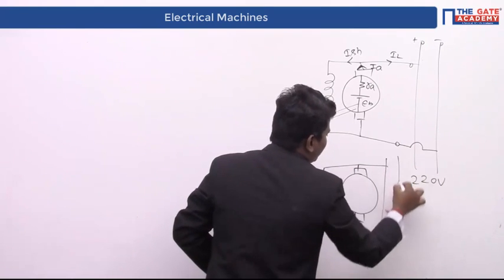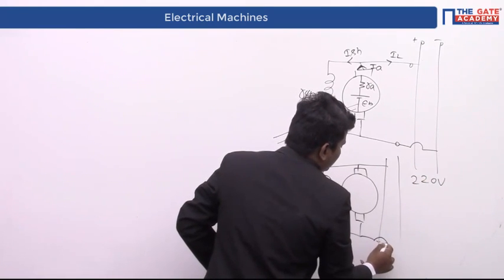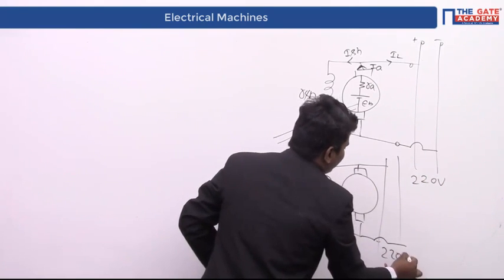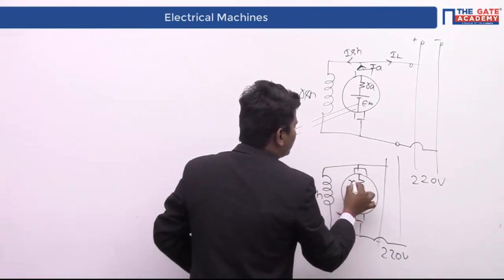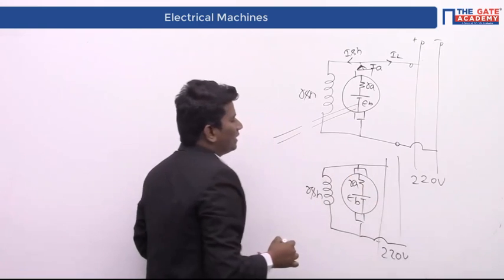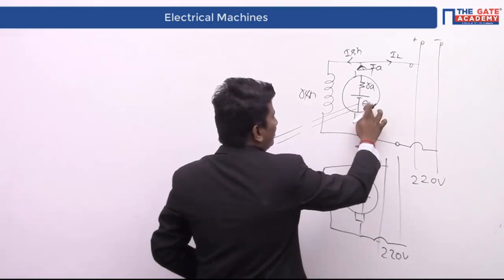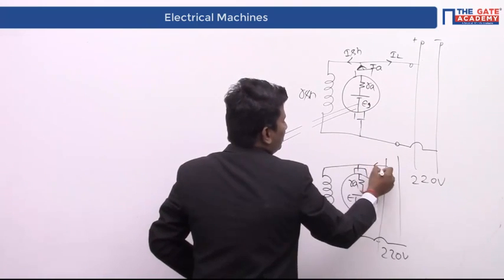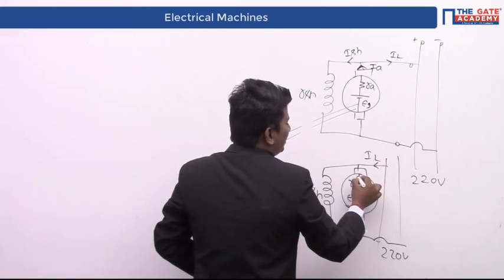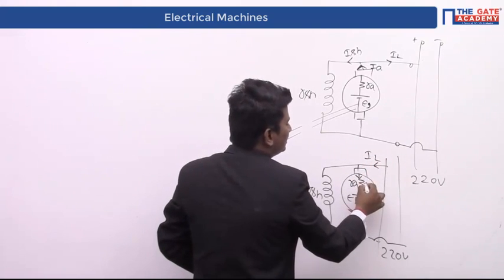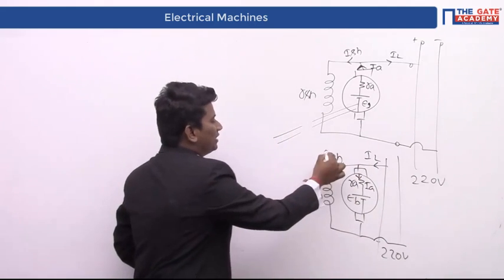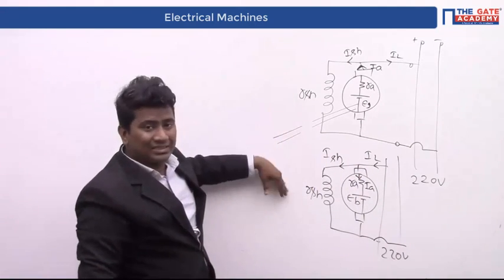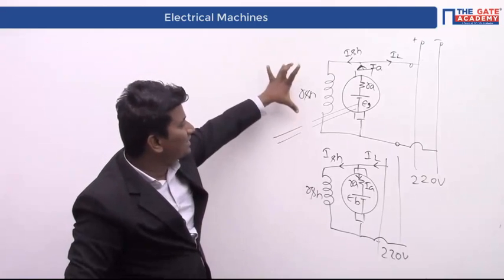So now this is your grid, 220 volts supply, armature resistance, back EMF. Now it is drawing load current from the DC grid. This is your armature current, this is your shunt field current. As you observe one thing, in both cases the shunt field remains the same.